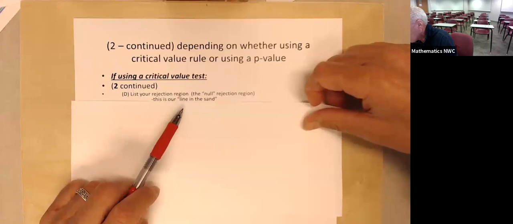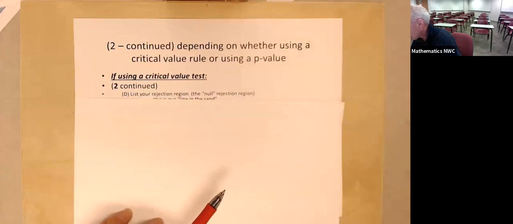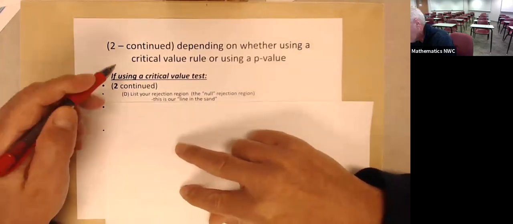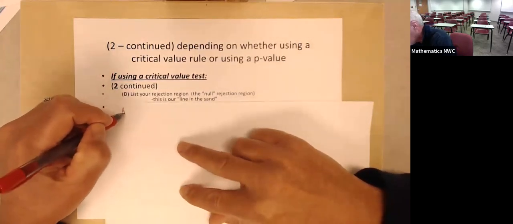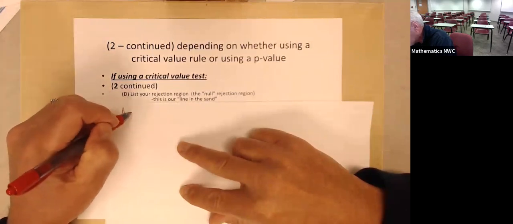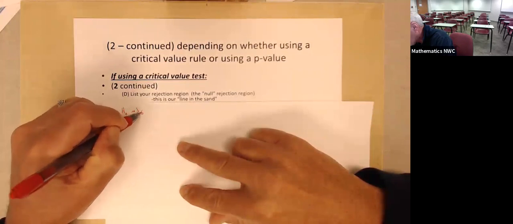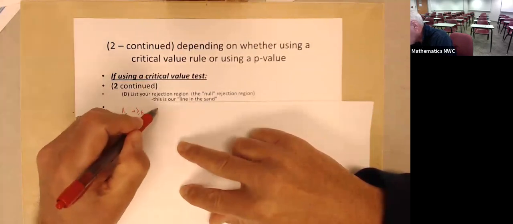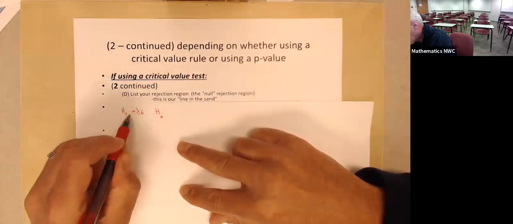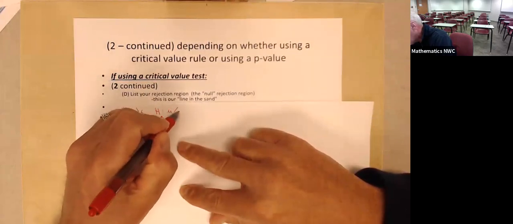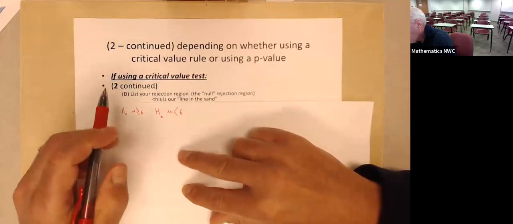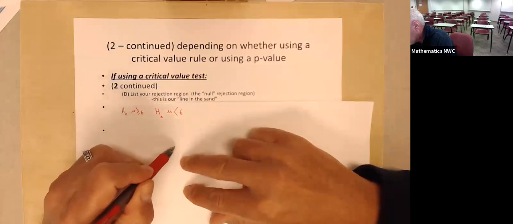Okay, let me give you an example here once. First, I'm going to go back to one of those first examples where the null we had, if you remember, I think it was the mean was greater than or equal to 6, and the alternative was the opposite. The mean was less than 6. Visually, this is what's happening.